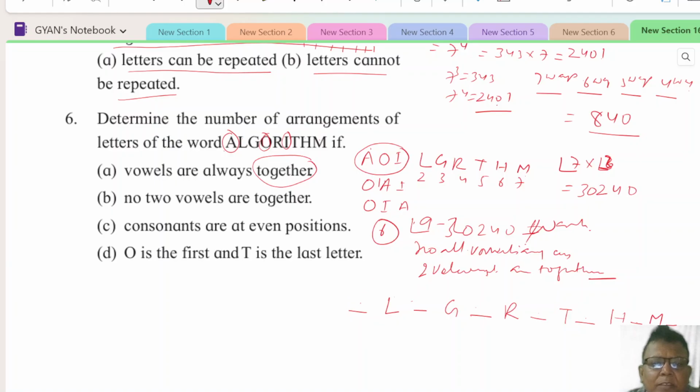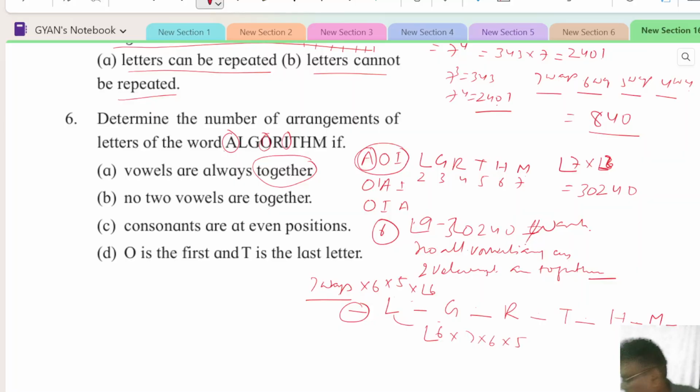Suppose one vowel A is taken. A can take any place, so there are seven ways to put A. Then one place is occupied, so O can be put in six ways and I in five ways. And the consonants can be arranged in factorial 6 ways. So the answer will be factorial 6 into 7 into 6 into 5.